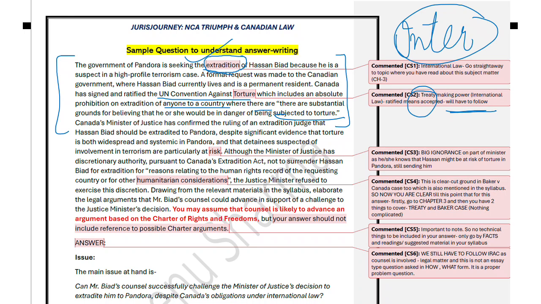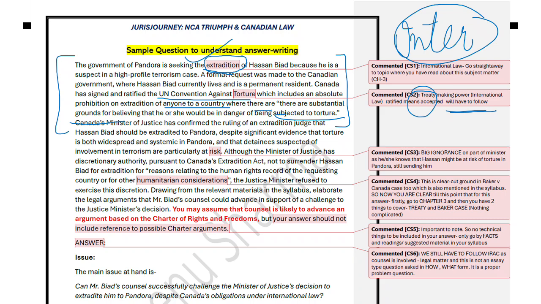So Canada's Minister of Justice has confirmed the ruling of an extradition judge that Hassan Biad should be extradited to Pandora despite significant evidence that torture is both widespread and systemic in Pandora and that detainees suspected of involvement in terrorism are particularly at risk.